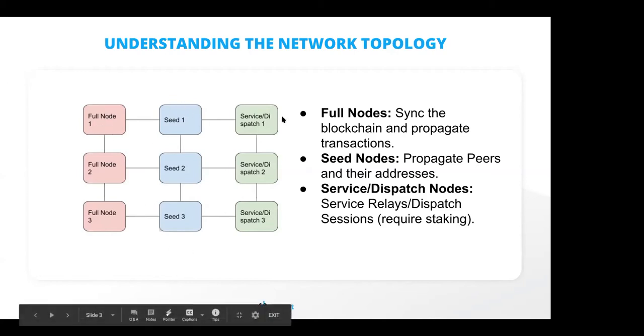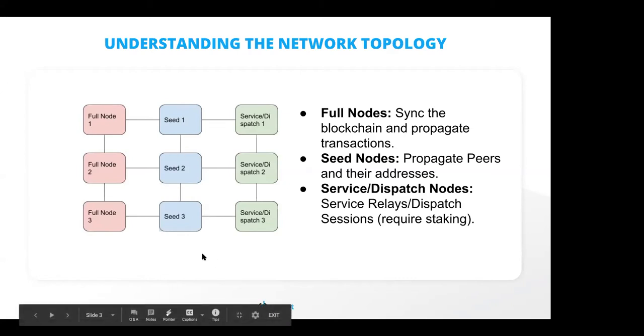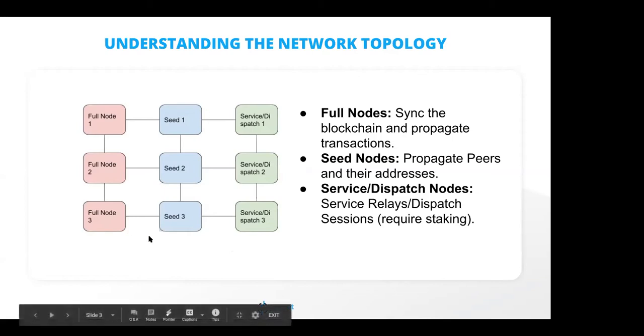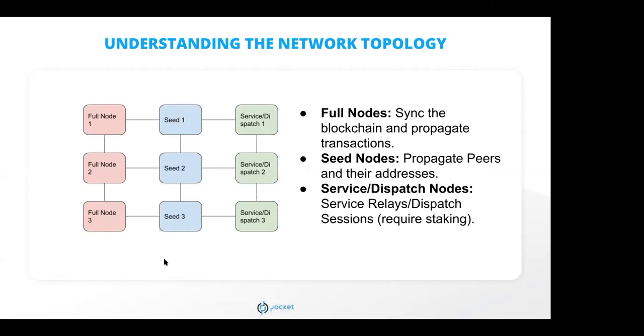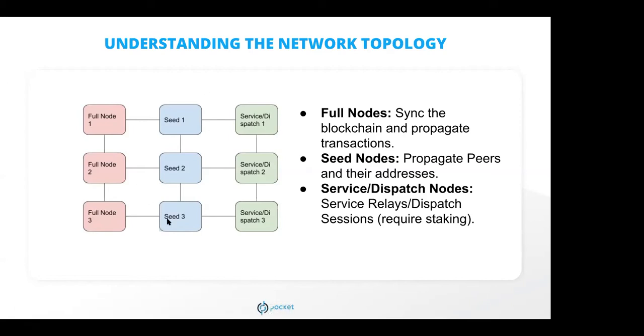Both full nodes and service nodes are going to connect to seeds first, get peers, and then form their own connections. So in a fully mature Pocket network, even if the seed nodes go offline, the address books of all the other nodes should be filled. In that way, as long as those address books are not wiped, they should be able to connect to one another. But as you can see, these seed nodes, especially during bootstrap, are going to be an essential part of the network.